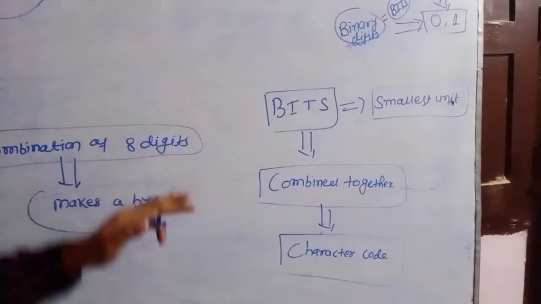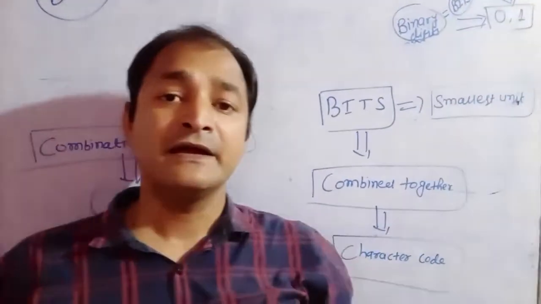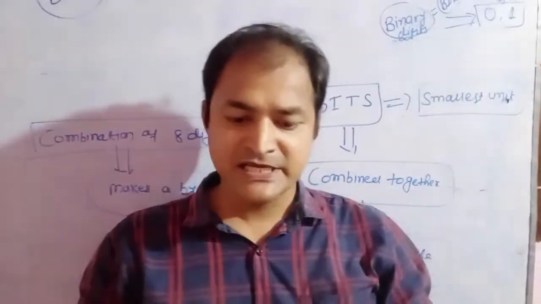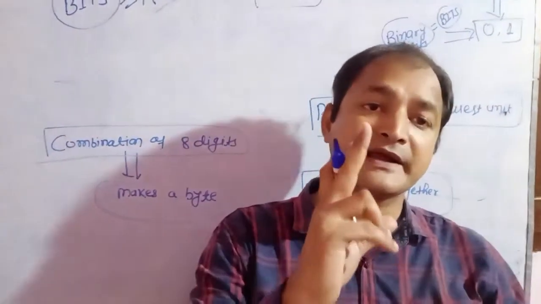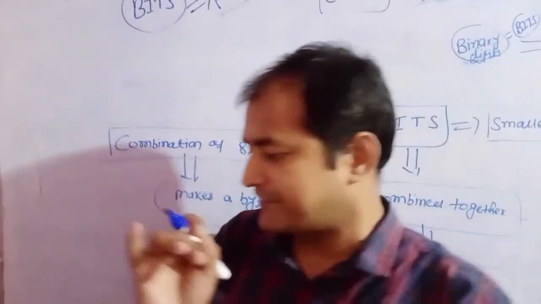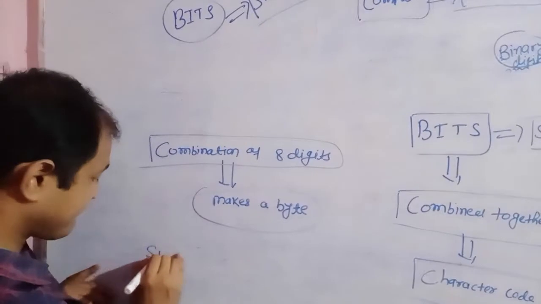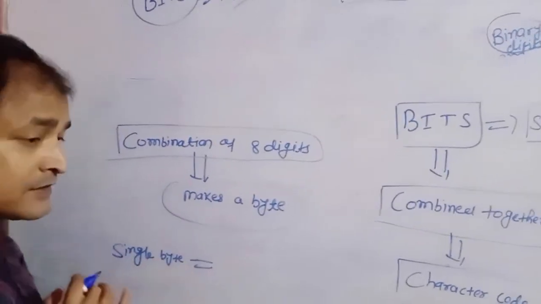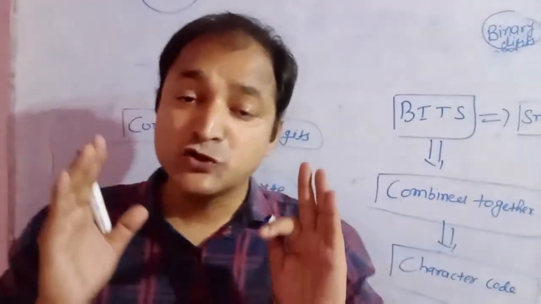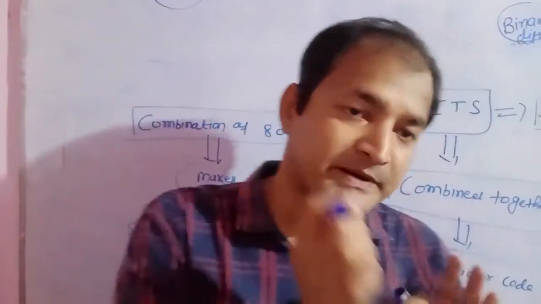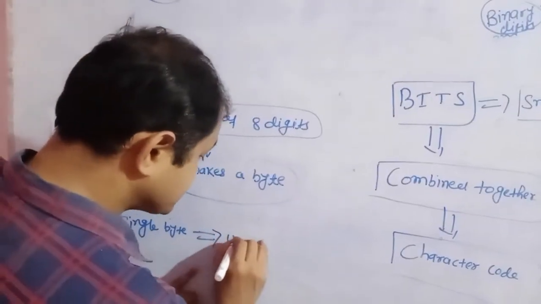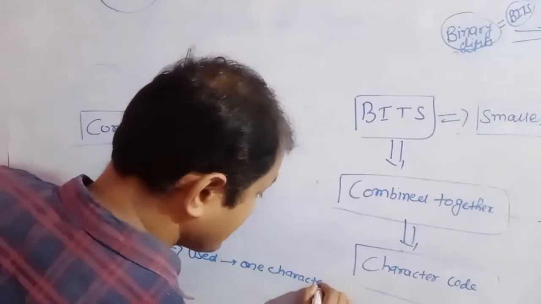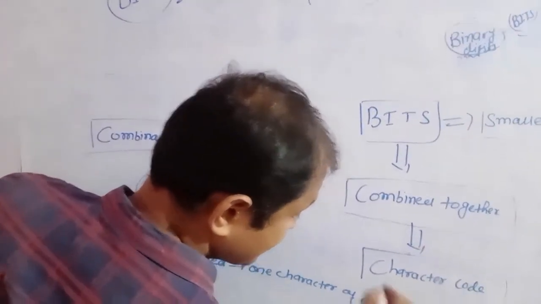A single byte is used to represent one character of data. What is a single byte? A single byte is used to represent one character of data.